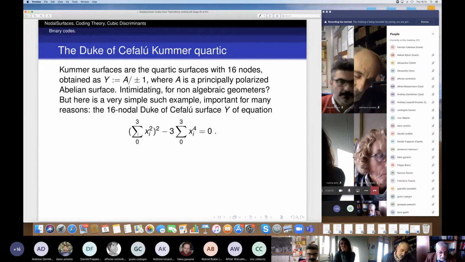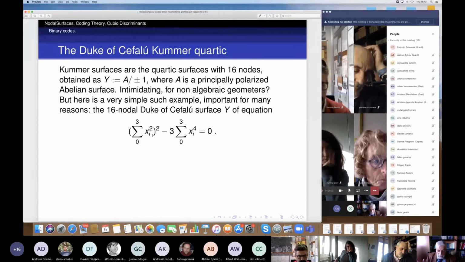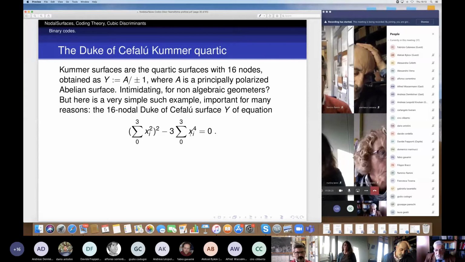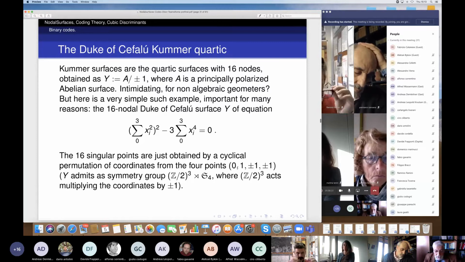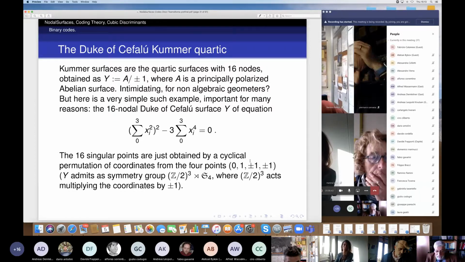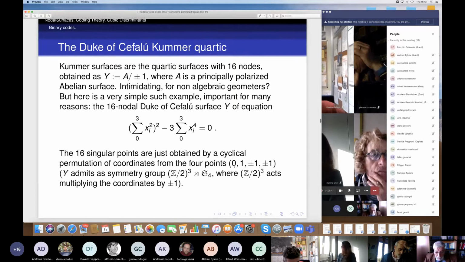I take the sum of the squares squared minus 3 times the sum of the 4th powers. This is a simple equation, and the 16 singular points are the points (1, 1, 1, 1) with the others ±1, and the cyclic permutations of the points which have coordinates (0, 1, ±1, ±1).